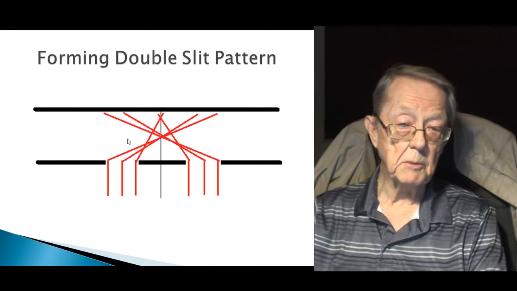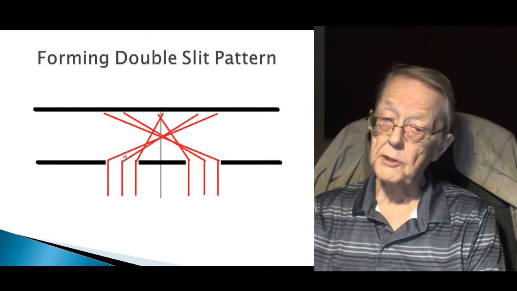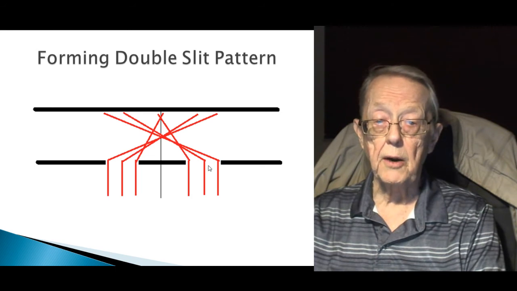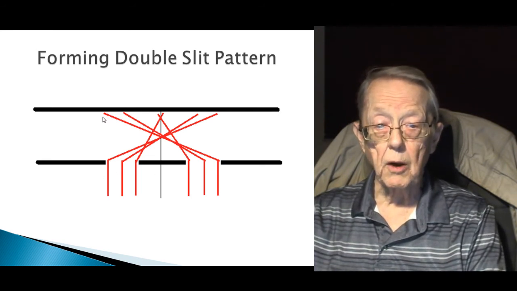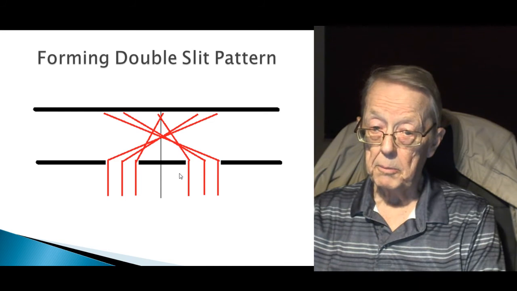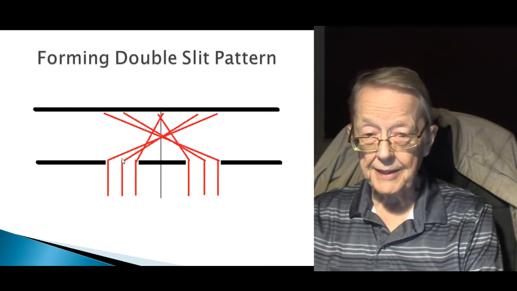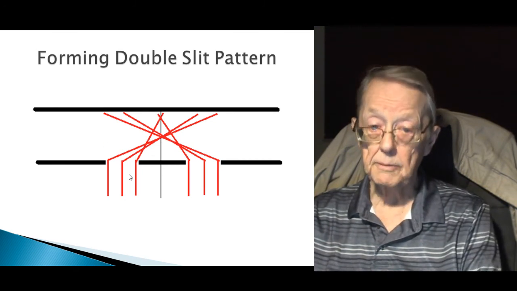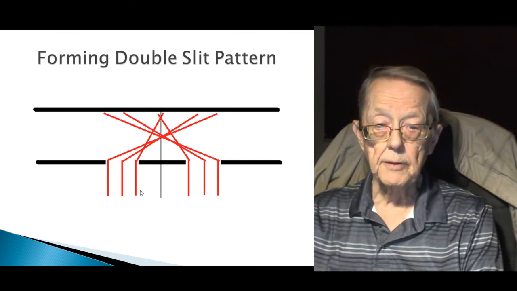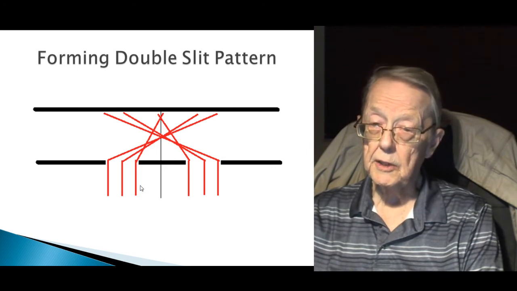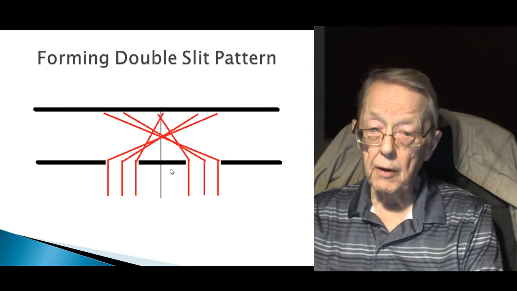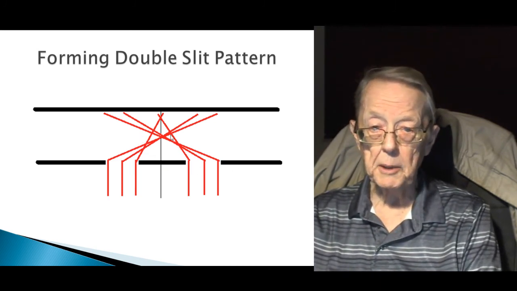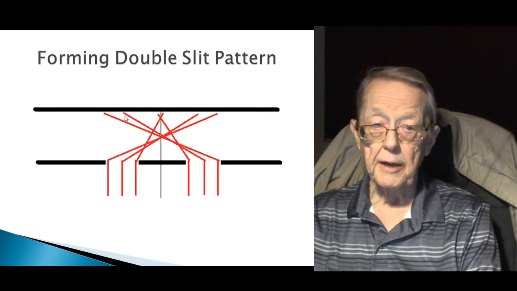And some of them are going to go more straight, maybe some of them even go left. I'm not sure, but I drew it this way to show how these light beams cross each other in a double slit pattern. There's a slight tendency for this to bend to the right, even though they could bend both ways. This is not exact. This is just to explain that the G2 force field through this slit is causing them to bend, and they could possibly bend in this manner, giving an interference pattern.